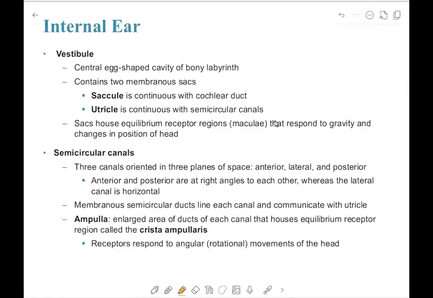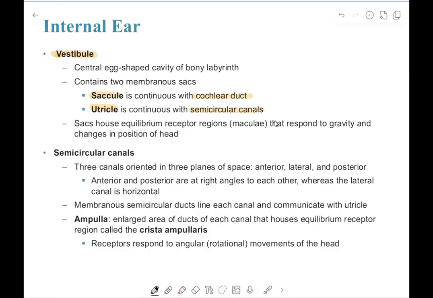The vestibule, they are within, again, this labyrinth structure, which kind of means like a maze, and they're egg-shaped. There's two of them, and one is called the saccule and one's called the utricle. The utricle is continuous with the semicircular canals, and the saccule is continuous with the cochlear duct.